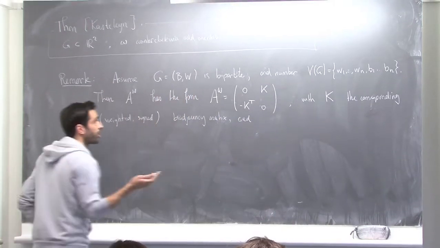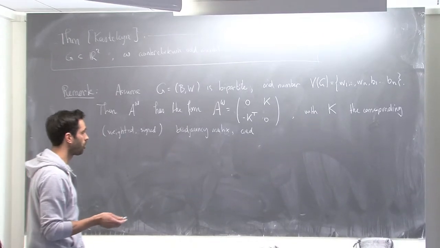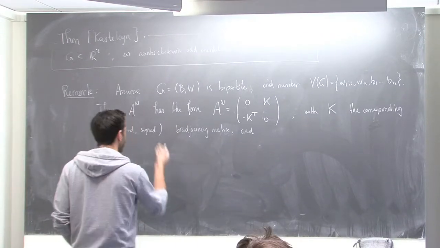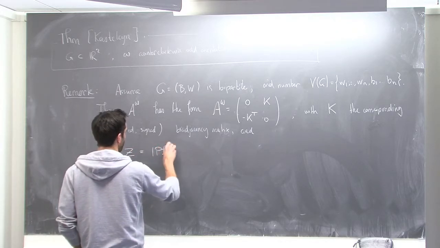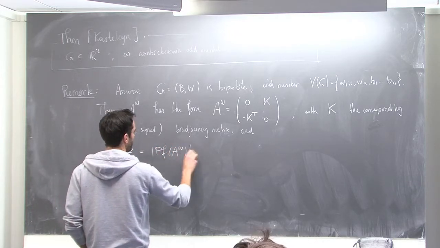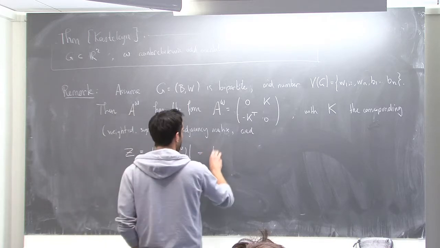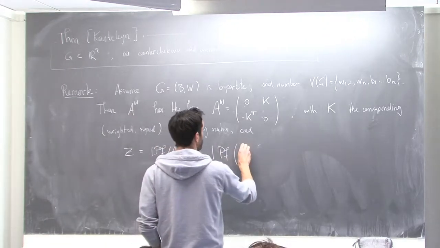And then the general Kasteleyn theorem, which works even if the graph is not bipartite, says that Z is the absolute value of the Pfaffian of this matrix. But then it means it's the absolute value of the Pfaffian of a matrix of this form.